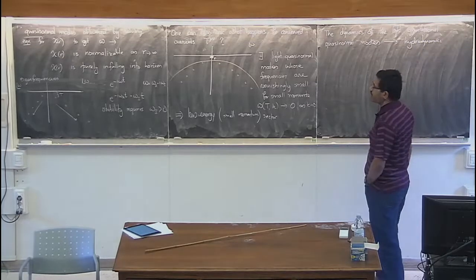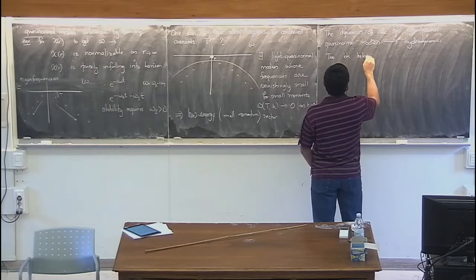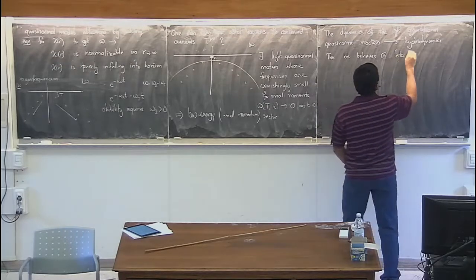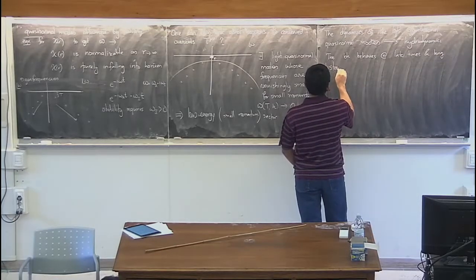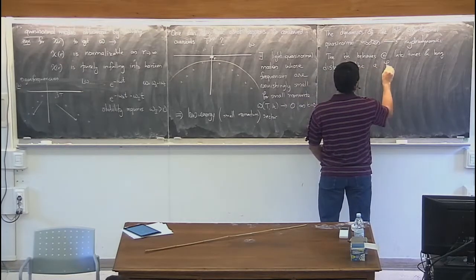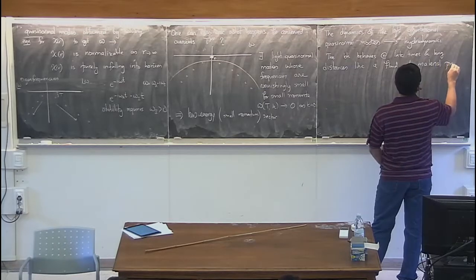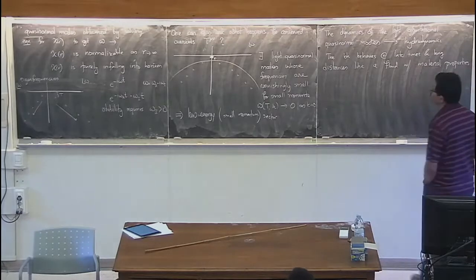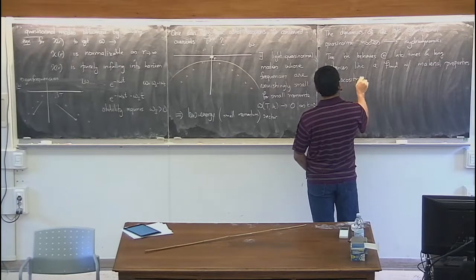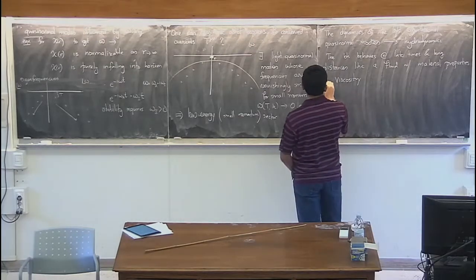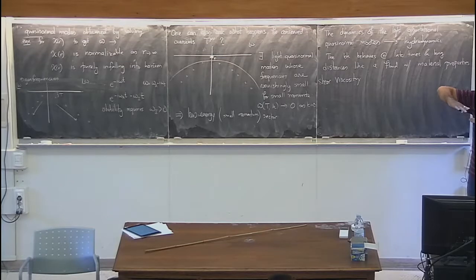And what's interesting about this is that it says that the black hole behaves at late times and long distances like a fluid with material properties, and one of these material properties is a viscosity, the shear viscosity, which tells you how much two fluid layers shear past each other.